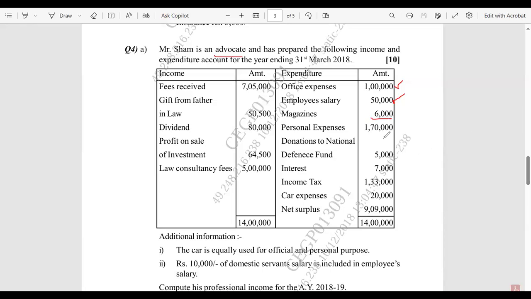Personal donation to National Defense Fund, sorry, personal expenses, this will not be allowed because when I calculate the business, it should not be personal. Defense donation, it is allowed. Interest, now interest is paid for getting some things. It can be personal loan or business loan.